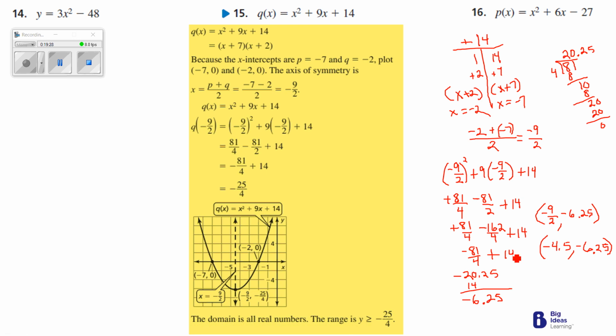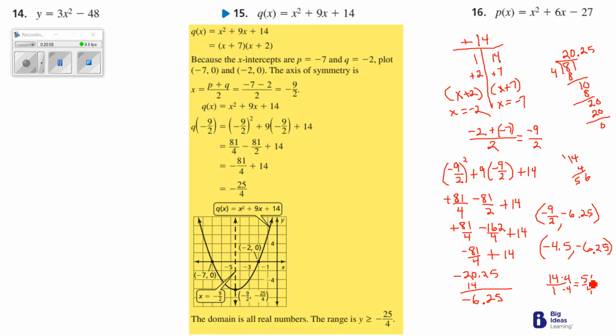14, remember we'd have to multiply this by 4 over 4, right? So this would be 14 times 4 over 4, which gives us 14 times 4, that's a 6, carry the 1, would be 56. So this would be 56 over 4, and we would be combining 81, right?